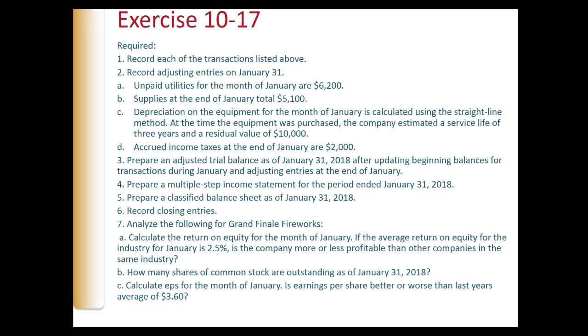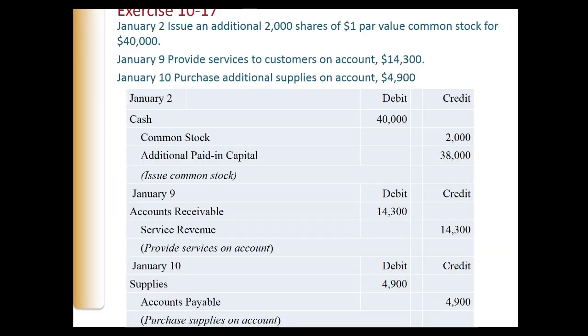We're going to then prepare an adjusted trial balance, create the financial statements, record closing entries, and do some analysis. So we've got a lot to cover in this exercise. So the first thing we're going to do is record the various transactions.